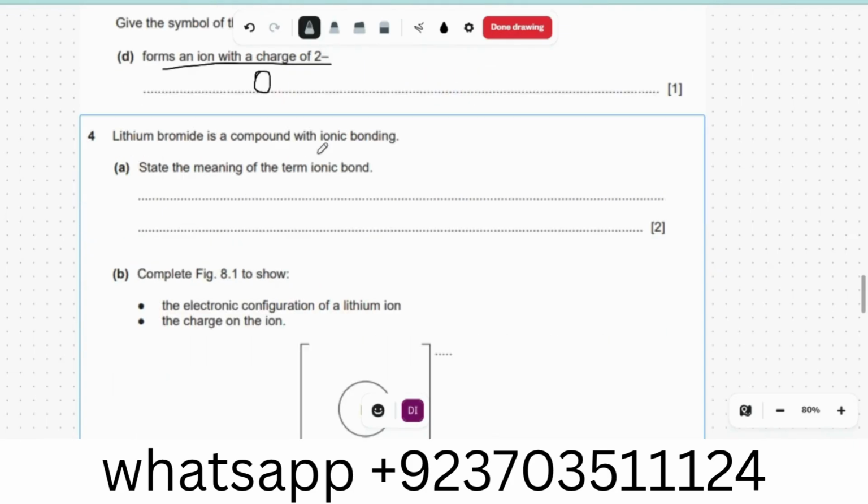Lithium bromide is a compound with ionic bonding. State the meaning of ionic bonding.